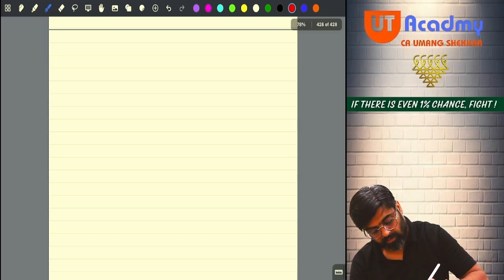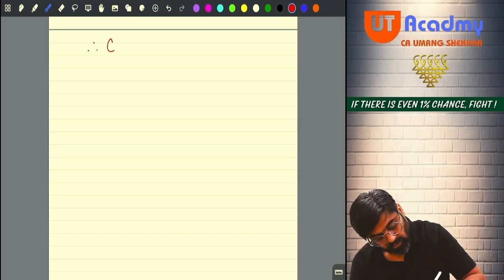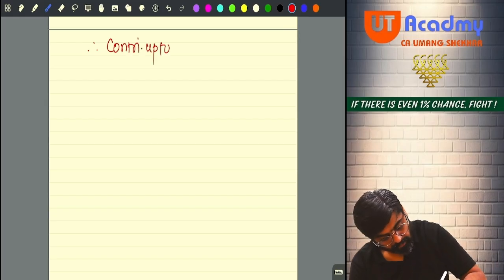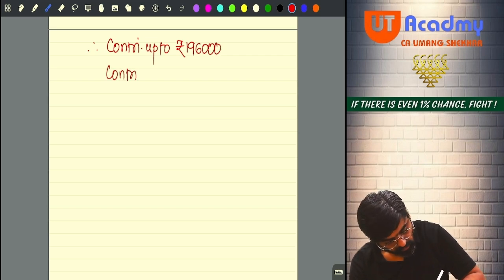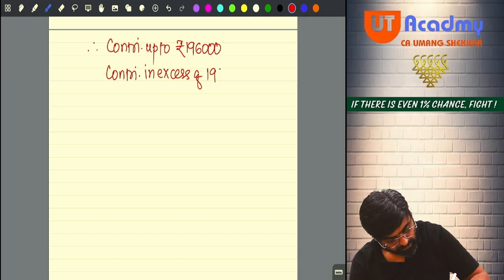So therefore, contribution up to rupees 1,96,000 and contribution in excess of 1,96,000, that is rupees 4,000.